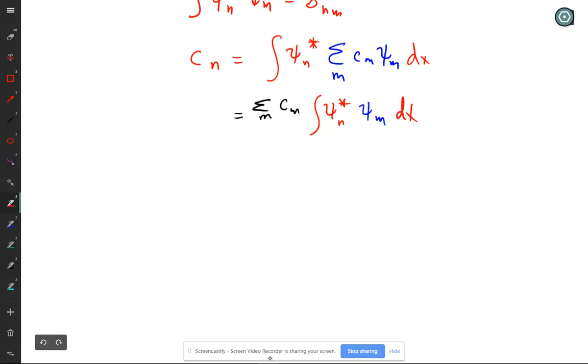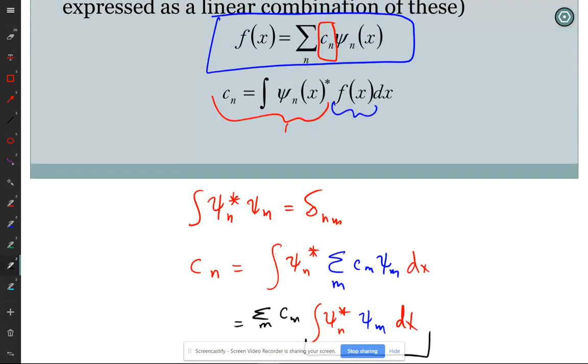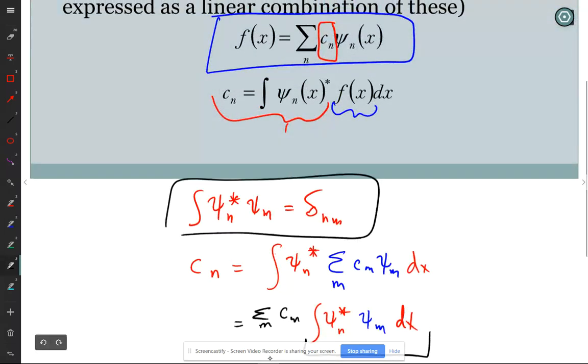But what is this right here equal to? It's this here. It's 0 unless n is equal to m.